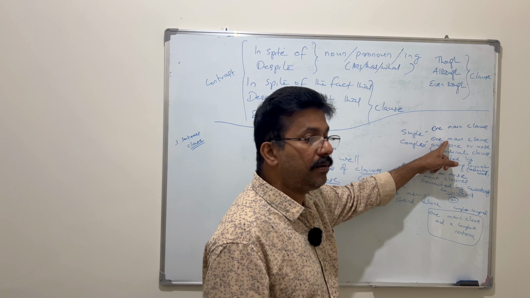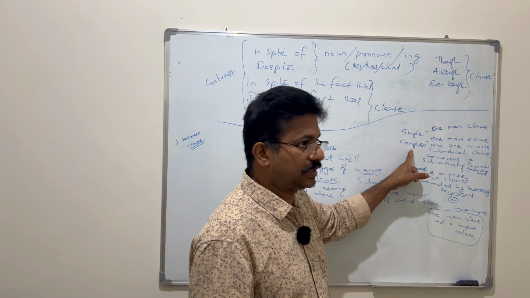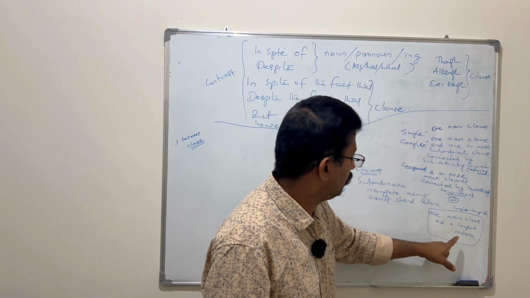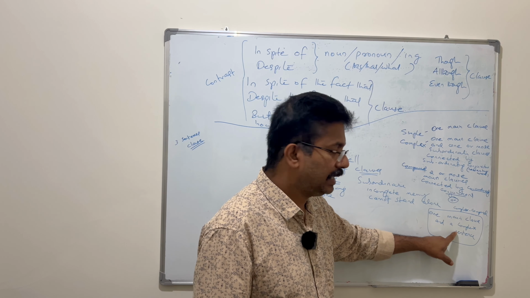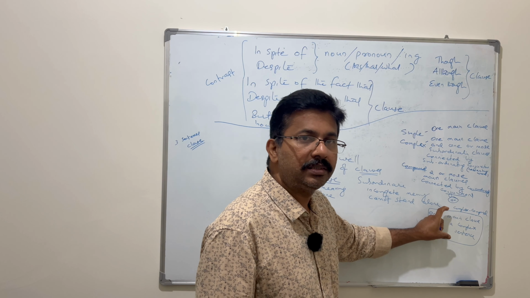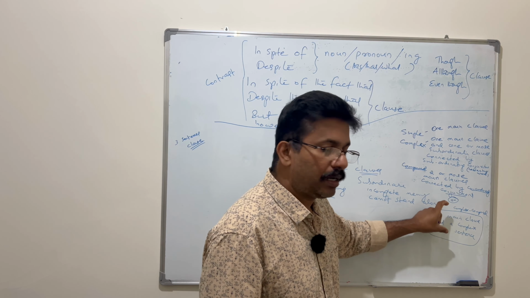Anyway, there is one main clause in a complex sentence. So there is already one main clause and one additional main clause in the complex sentence. So there are two main clauses and an extra subordinate clause of the complex sentence.